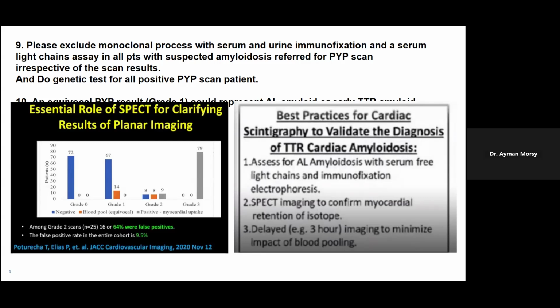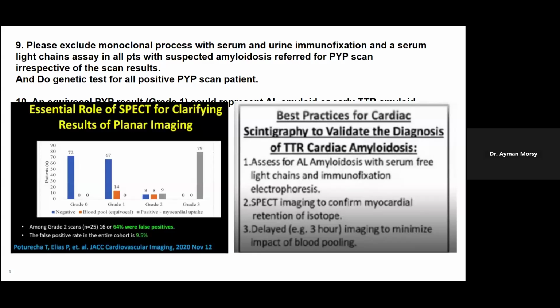And this is an important message: nobody should say now BYB 1 hour scan. Nothing in medicine nowadays is called a 1 hour scan. Your patient must be scanned by the essential rule of respect, meaning 3 hour BYB scan, not 1 hour. And always consider that in patients with grade 2 BYB, up to 64% have a false positive result.